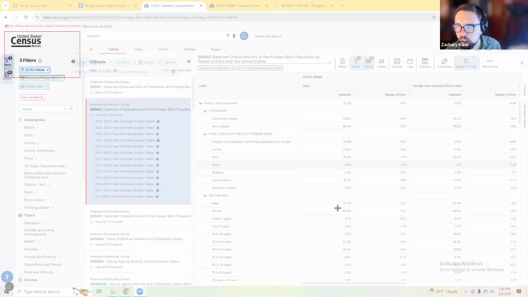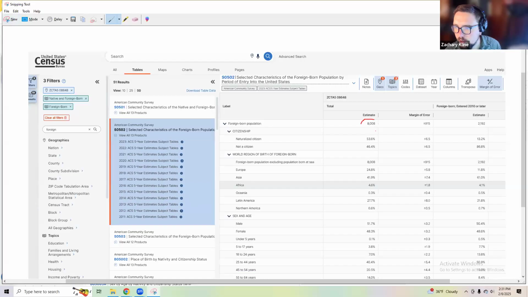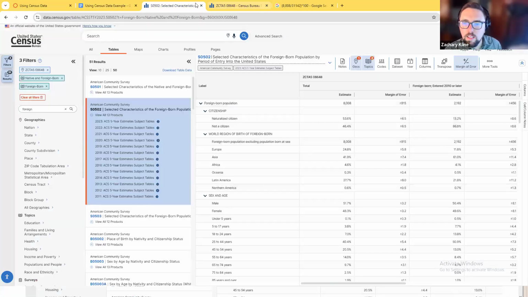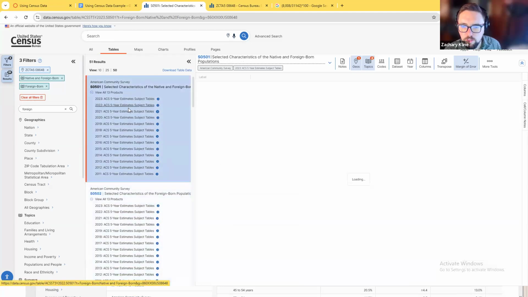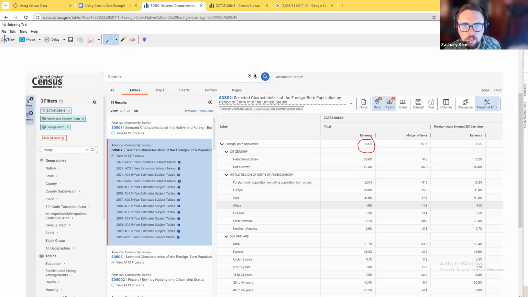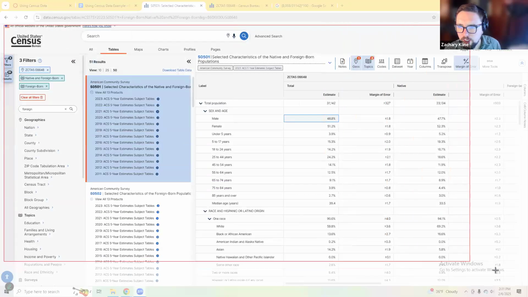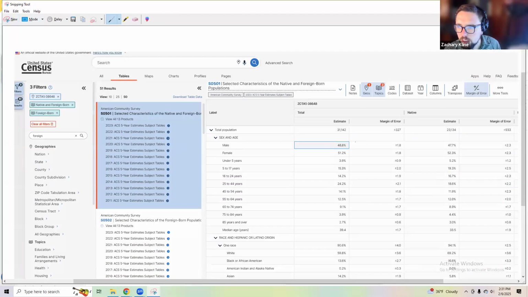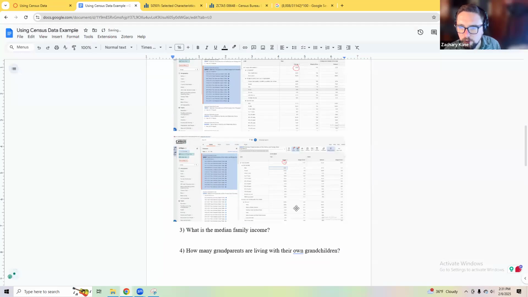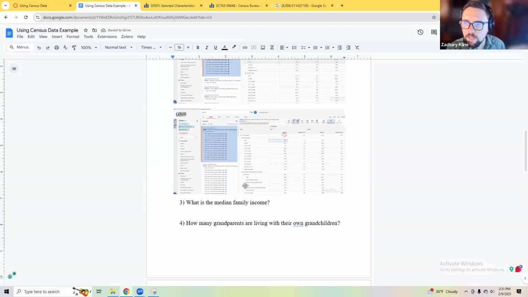You take this screenshot here, and this one here, to show where we got the total estimate right here. There are multiple ways to show where you got it from, but just make sure you're showing where it was.